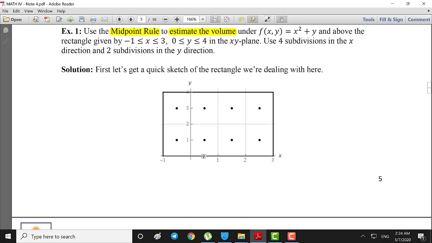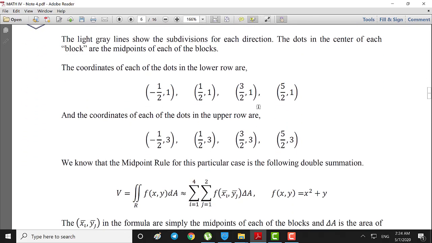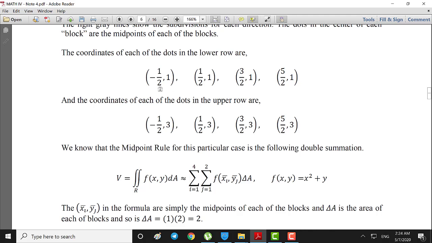For this one, you have 1/2 and 1. For this one, you have 3/2 and 1. For this one, you have 5/2 and 1. For this one, you have -1/2 and 3. For this one, you have 1/2 and 3, 3/2 and 3, 5/2 and 3. And the coordinates of these midpoints are given here. These are just what I announced when we were looking at the picture.